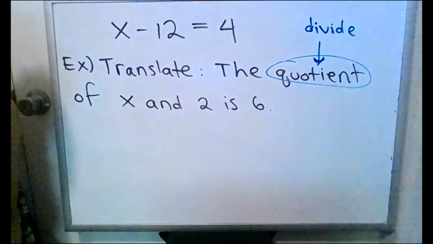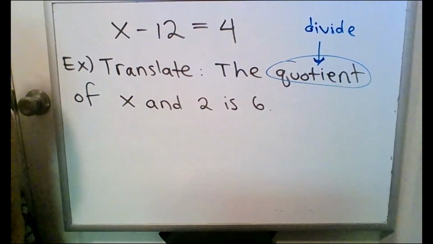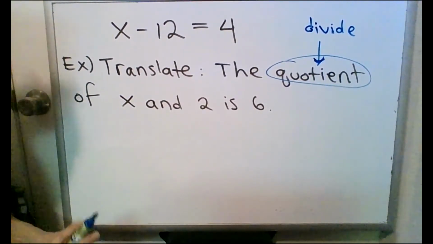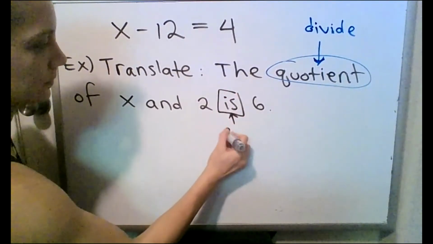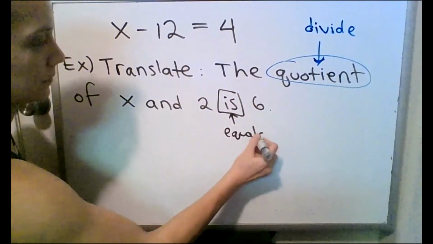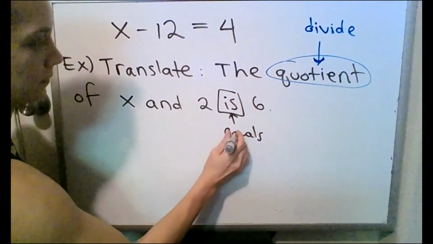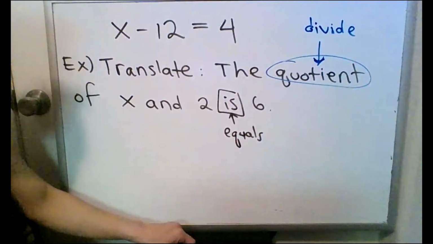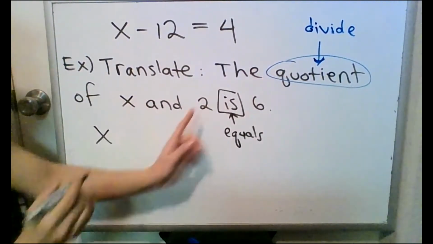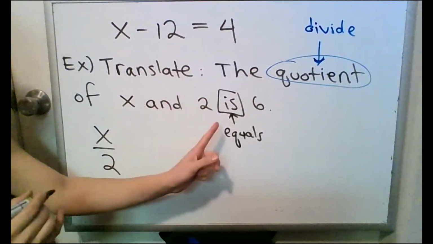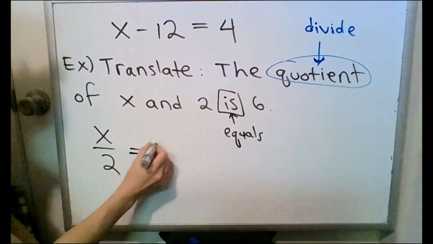Just make sure that you divide the first number by the following number and then use is for equals. Okay, so the quotient of x and 2 is 6.